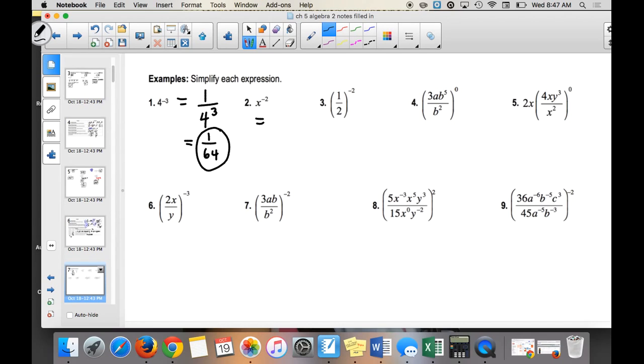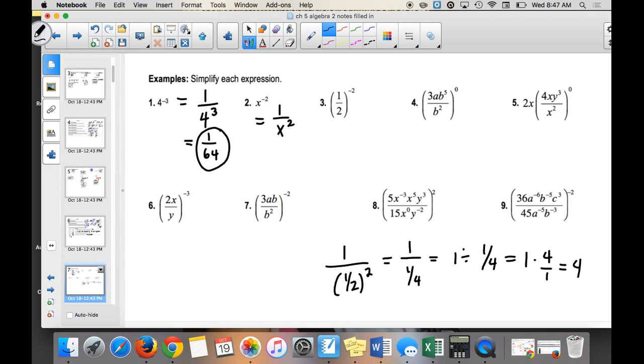All right, so x to the negative 2. I get 1 over x to the positive 2, right? But if I already have a fraction for my base, it's not easy to do 1 over a fraction. You could say 1 over 1/2 to the positive 2. That's kind of gross. It takes a long time. It would work. You get 1 over 1/4. 1 divided by 1/4 is 1 times 4 over 1, which gets you 4.